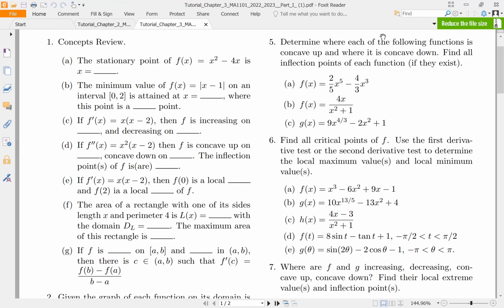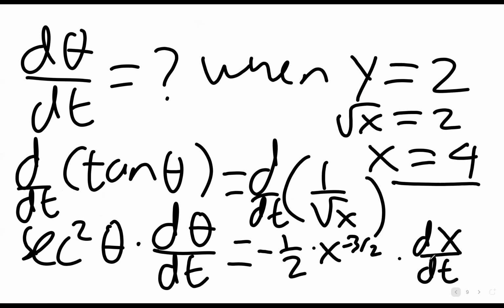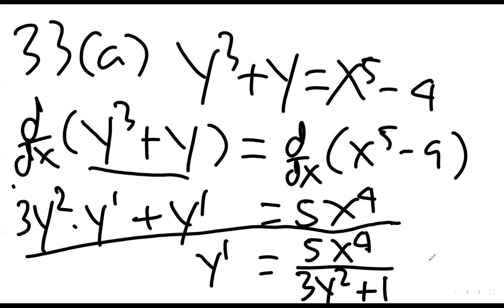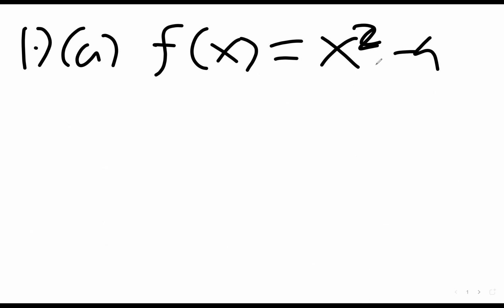So in this case, I start with f of x equals x squared minus 4x.